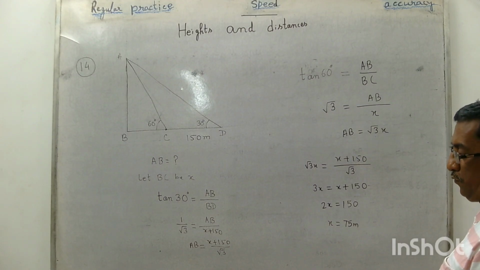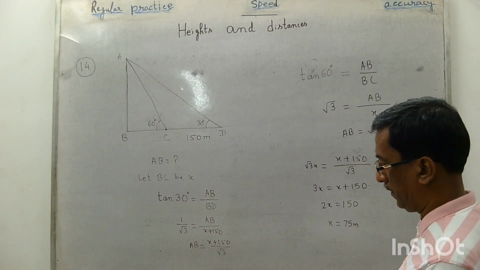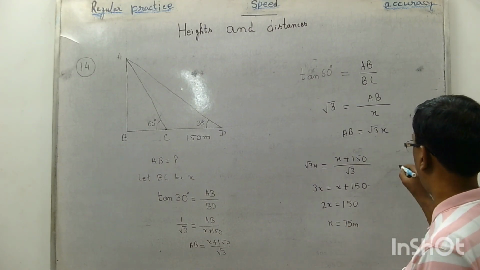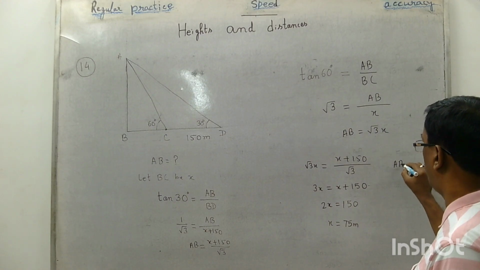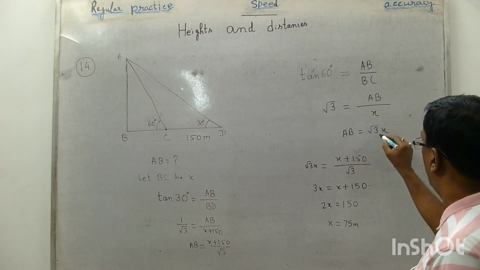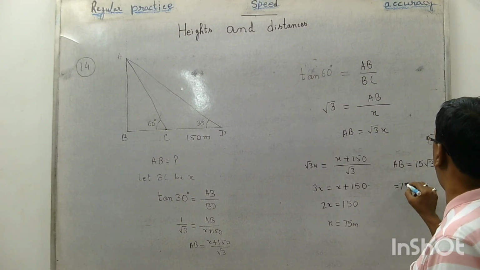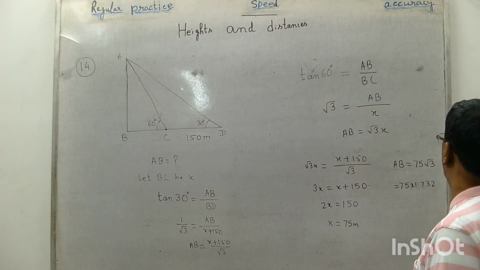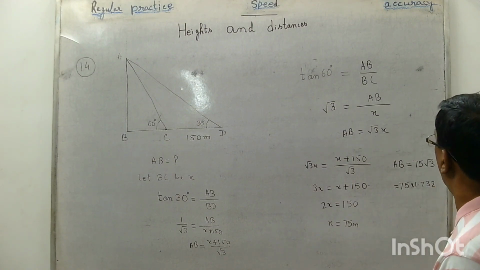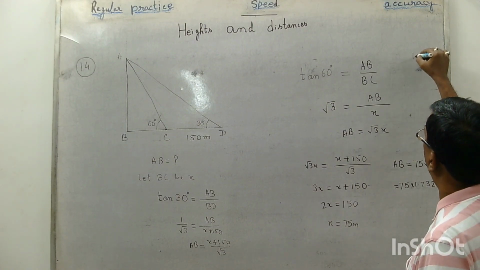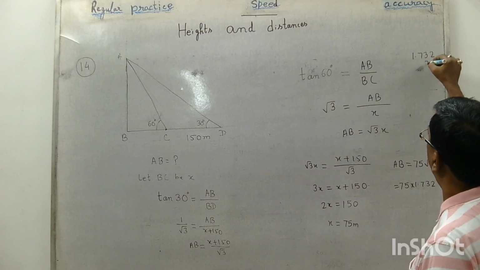But we have to find the value of AB. So AB equals to 75 root 3. That means 75 into 1.732. ये मल्टीप्लाई करना होगा.